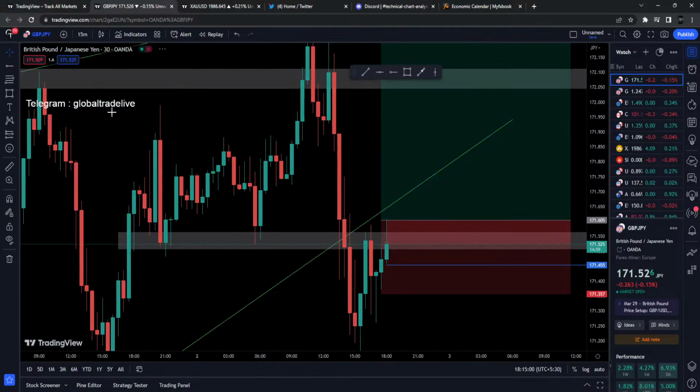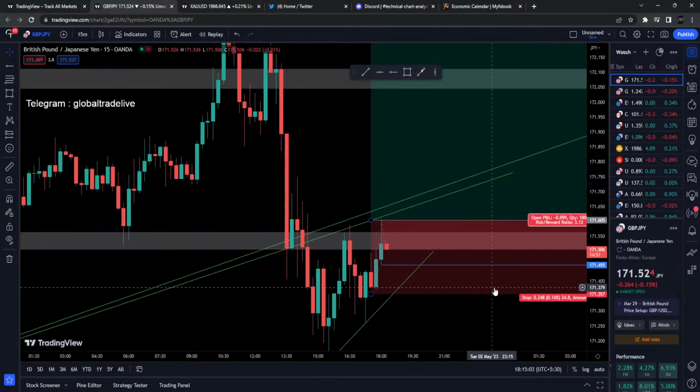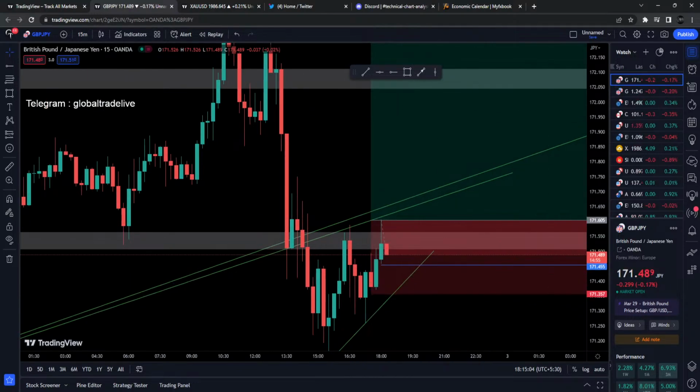So the 15-minute candle has closed over here and the new one just started. So let's see if it just goes up or starts to push the price down.